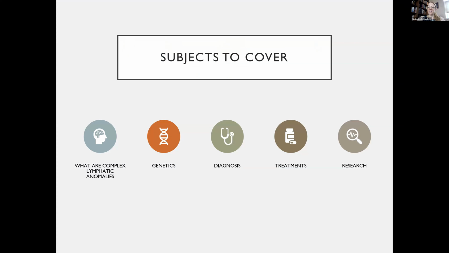In this series of webinars, we have covered so far, if you've been with us, genetics, the diagnosis, research, and today, which is super important, what are complex lymphatic anomalies?